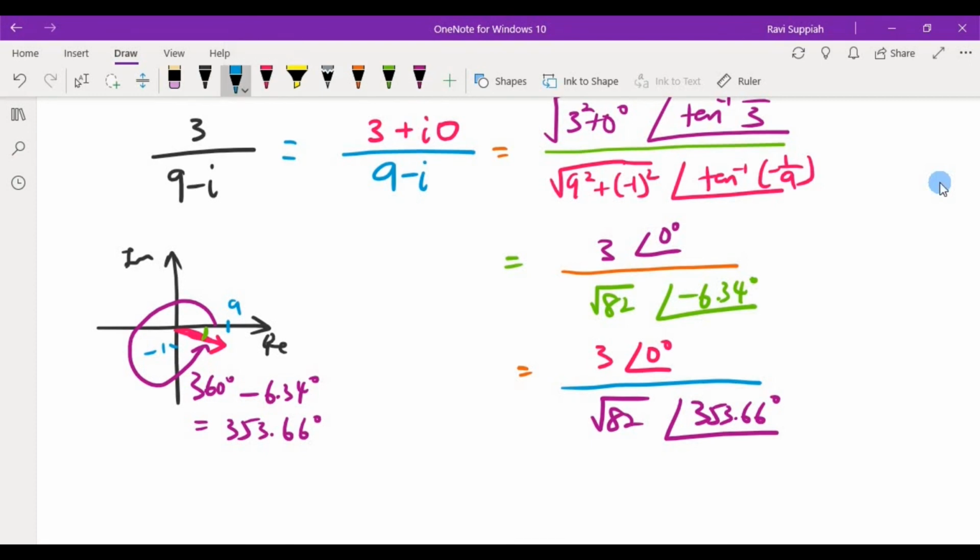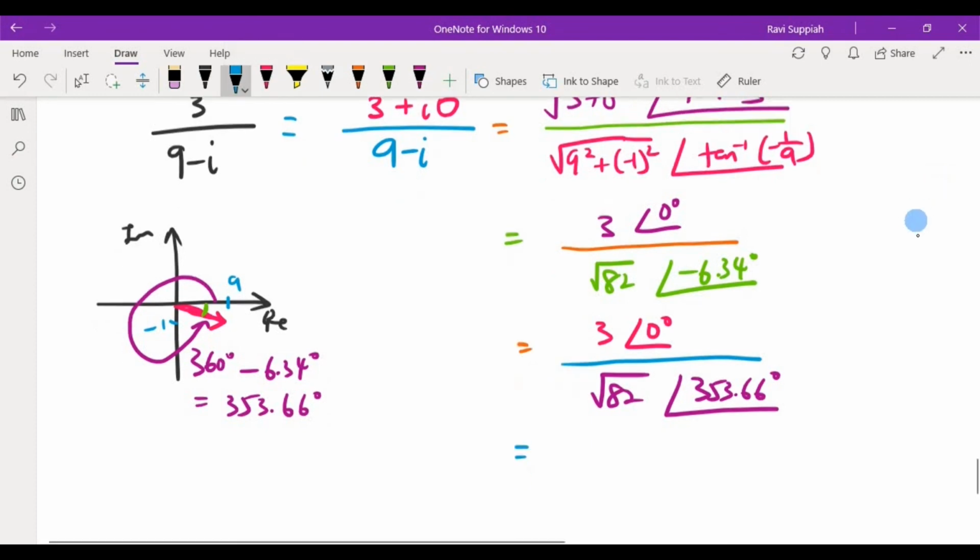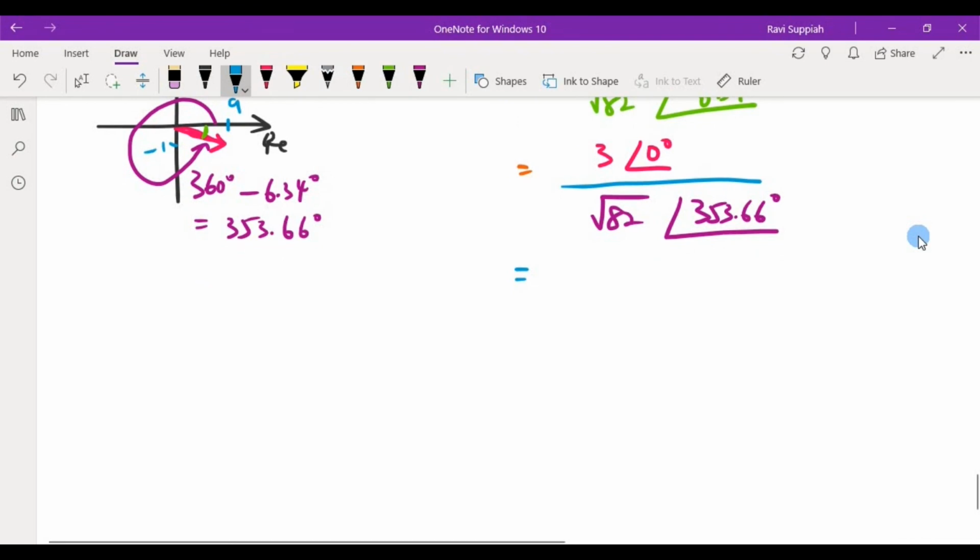So the next step would be, we see that right now we have a complex number divided by another complex number, both of them in polar form, which means I can now apply the formula that we have seen, where R1 divided by R2, and the angle would be subtraction.